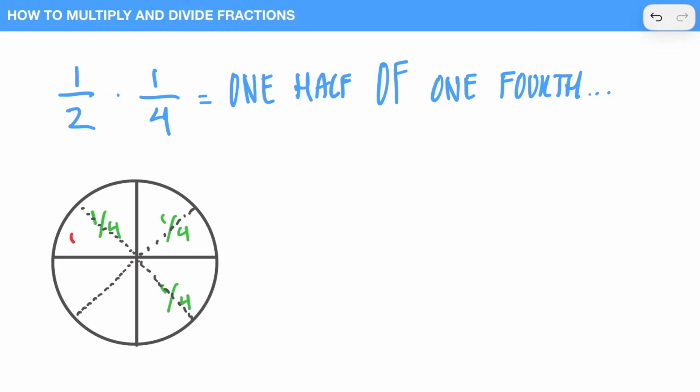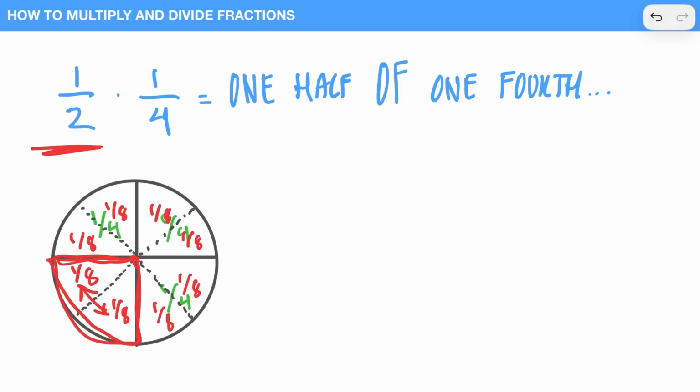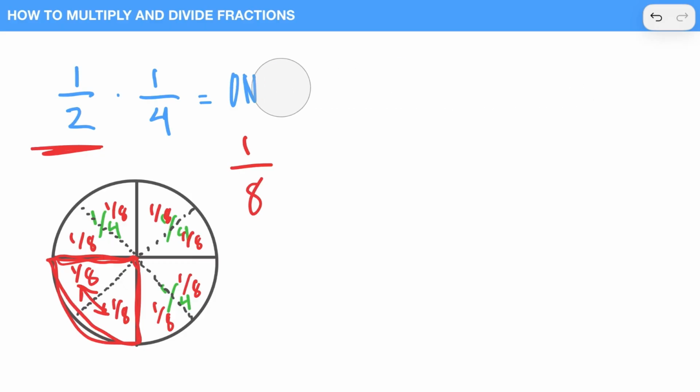We have 1/8 here, another eighth, eighth, eighth, and then these obviously are both 1/8. We've taken our fourth and split it in half to get 1/8. So that's why it works, but let's practice with some maybe more hefty examples, shall we?